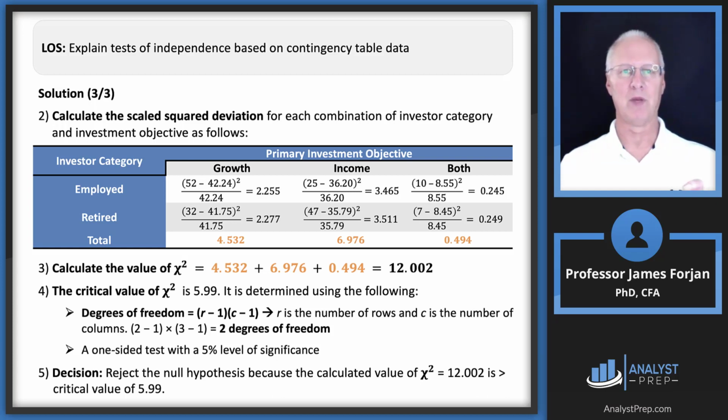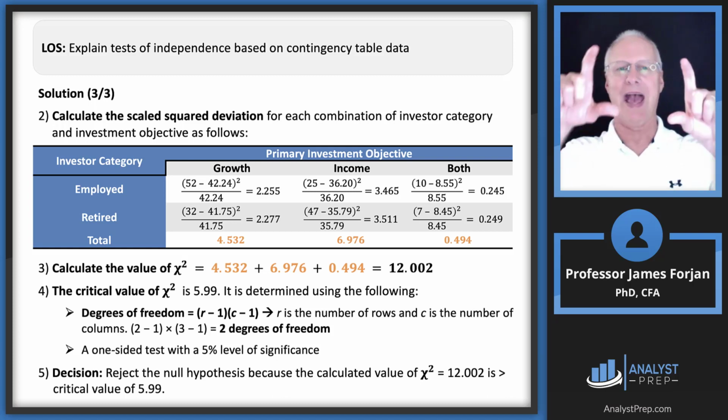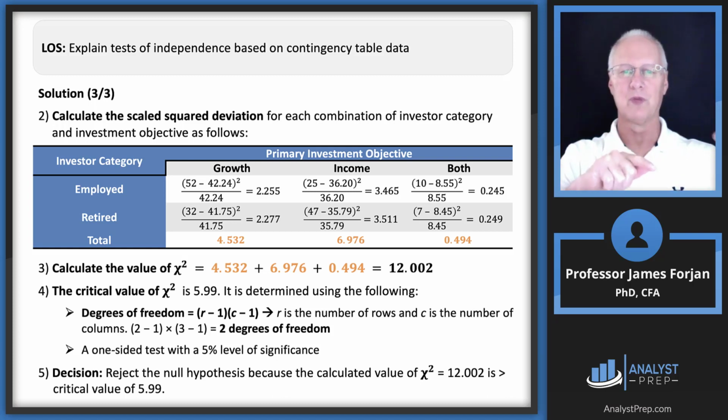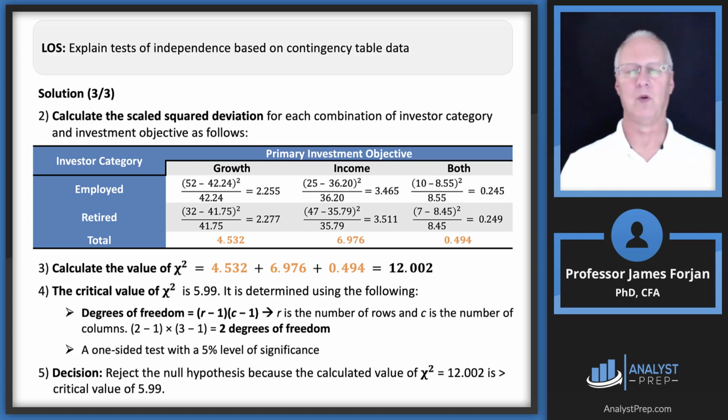Now remember, when we do this frequency thing, since we have two separate groups, we need to use rows and columns to determine our degrees of freedom. So it's going to be R minus 1 times C minus 1. So we have 2 degrees of freedom. You look that number up in the table, you get 5.99, and 12 is way past this. So we're going to reject the null hypothesis.